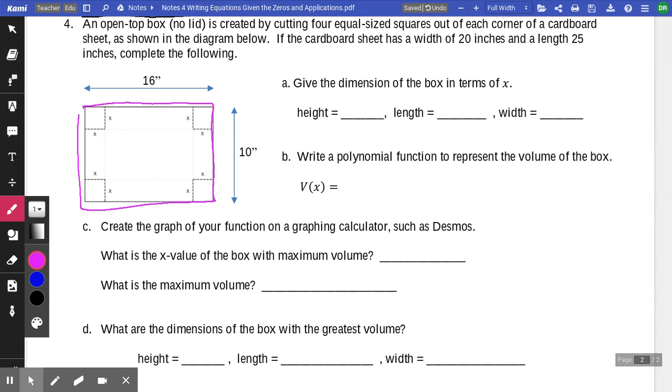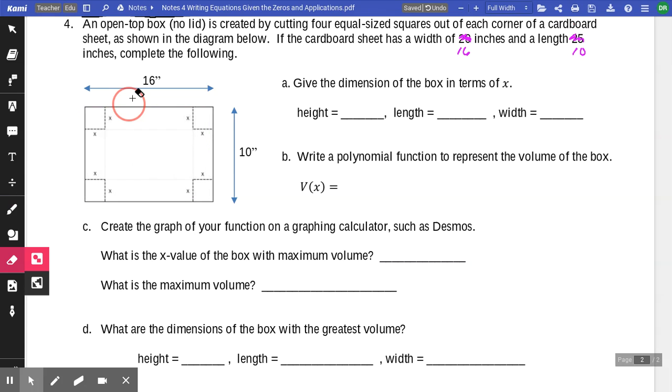The way that we're going to create this box, with 16 inches and 10 inches, is we're going to cut corners out of equal size. We don't know how big of a corner, which is why we see the letter x here.